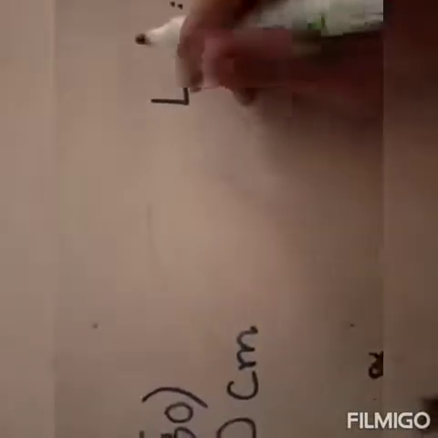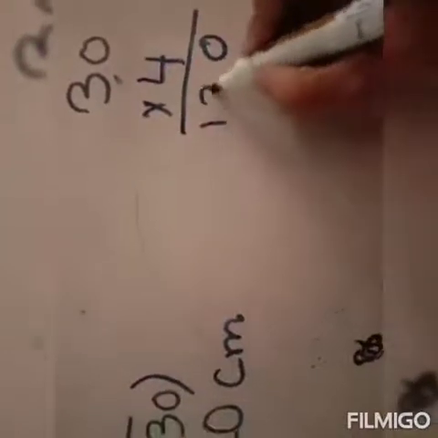Or if you have any problem in multiplication, I have told you to multiply it separately. You can multiply 30 multiplied by 4. So 4 zeros are 0, 4 3s are 12. You can adopt any one way.